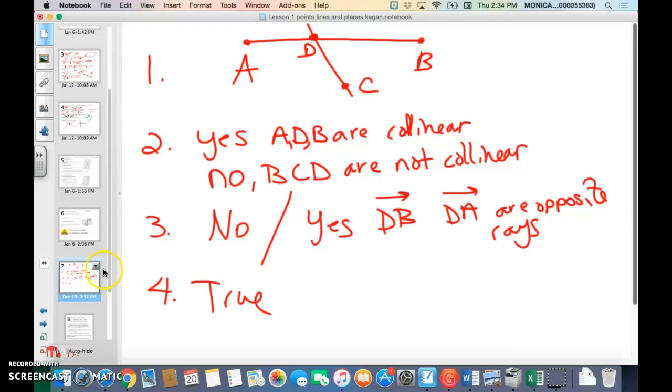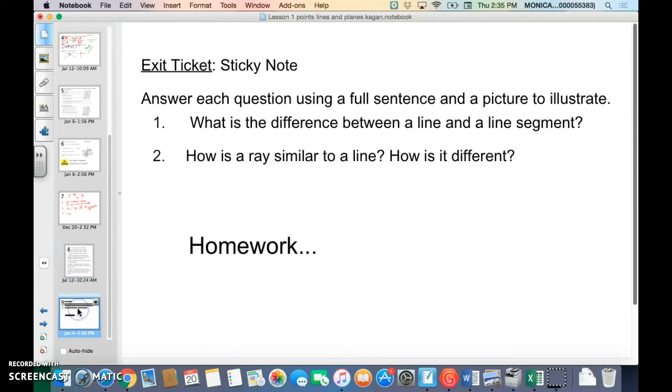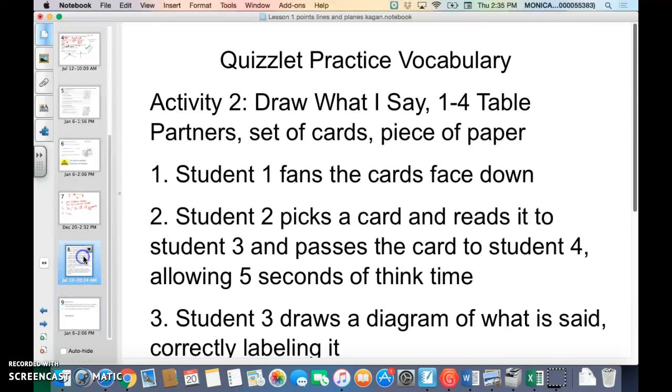All right, so at this point, let's just review what is going to be happening. You have activity 2, this is going to be done in partners, and if you weren't here for this, you'll have to see me to get this activity. And then your exit ticket is actually, you've got 2 things to do.